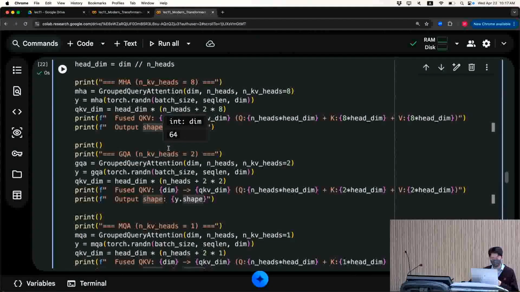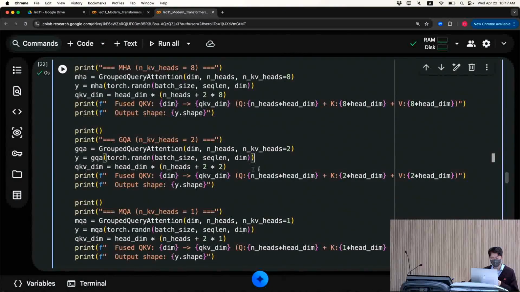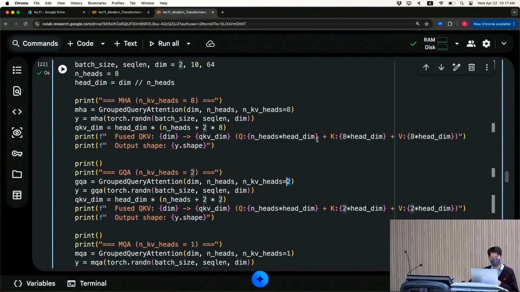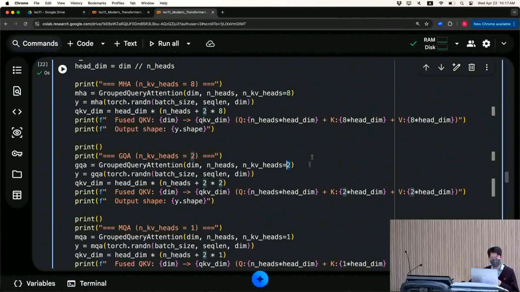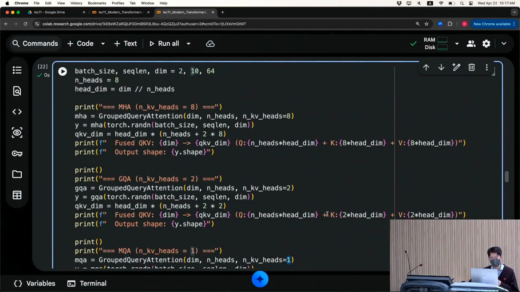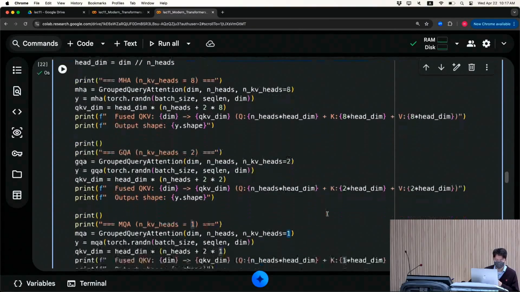So here we're going to check the shape, and we're going to repeat this where we reduce on the number of KB heads. So this 2 means 4 query head is going to share a single KB head. So the ratio is 4 to 1. And if I set this equal to 1, all 8 query head is going to share the same single key and value head.